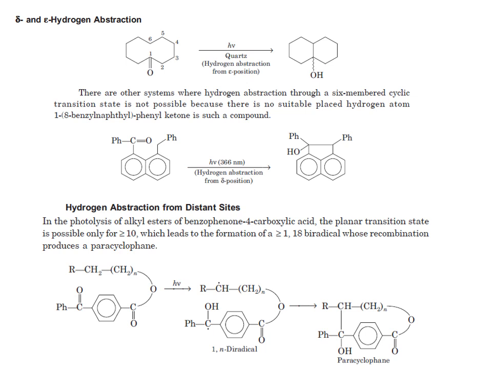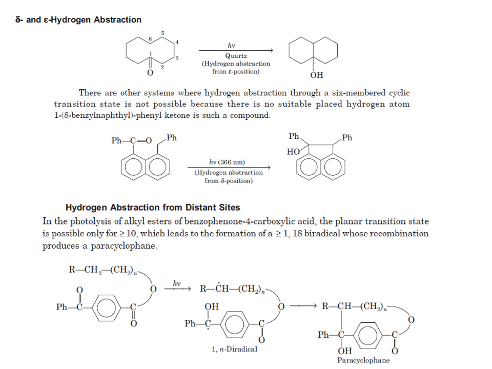The necessary condition is the planarity of the transition state. So an important example is shown in all this molecule where the planarity is obtained. So in this case, the intramolecular hydrogen abstraction takes place from the C6 position also when it confirms the planarity in the transition state.